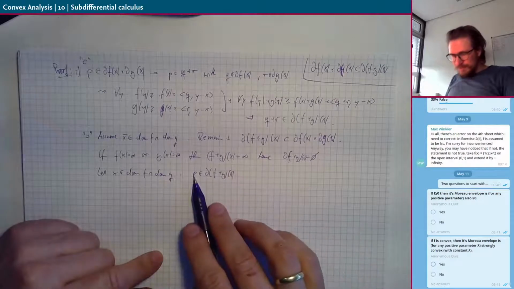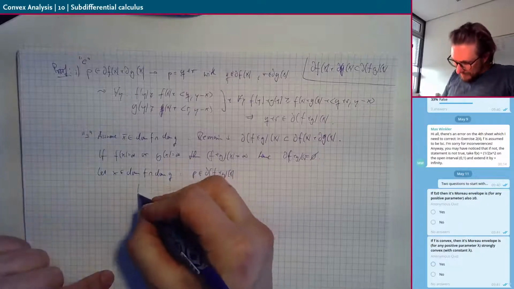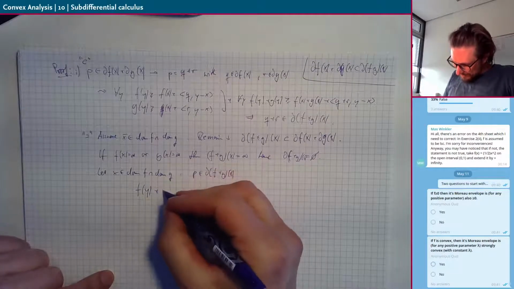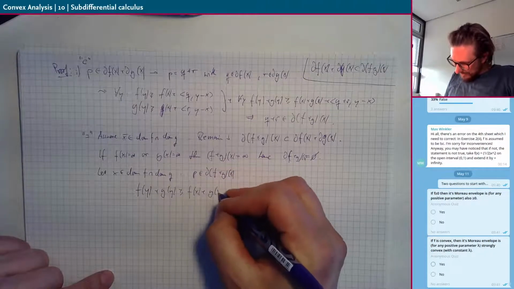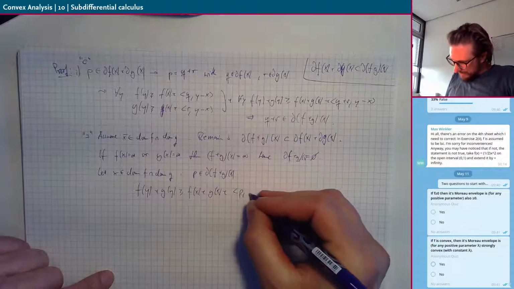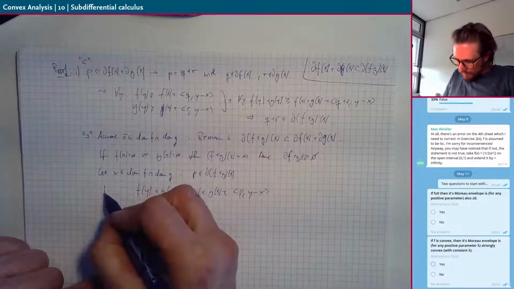So we want to decompose p into q plus r, where q is a subgradient for f and r is a subgradient for g. What we have is that f(y) plus g(y) is larger or equal to f(x) plus g(x) plus p times (y minus x), and we have that for all y.